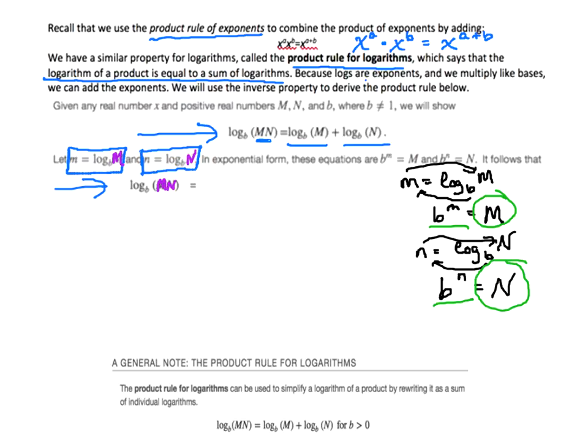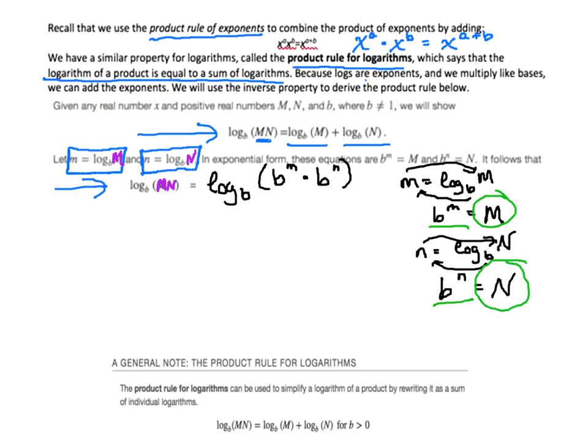Let me stick this to the board so it doesn't float around when I try to write on it. There we go. Okay, so if I replace capital M and capital N with b to the m, b to the n, I now have log base b of b to the m times b to the n.